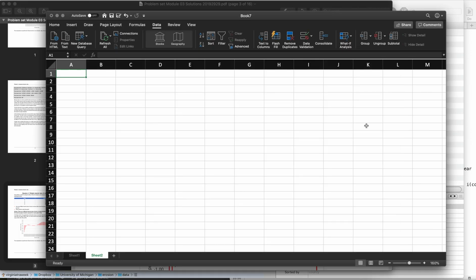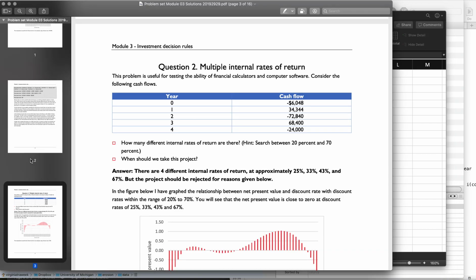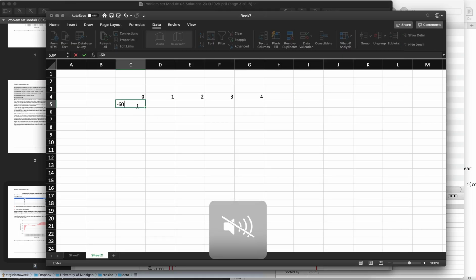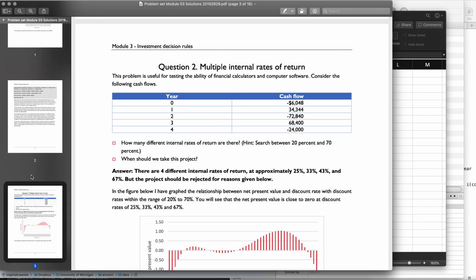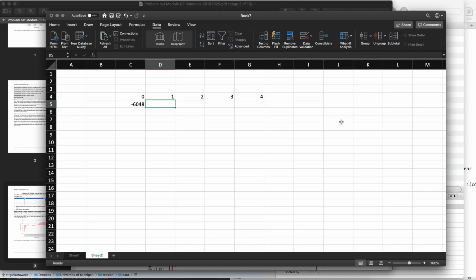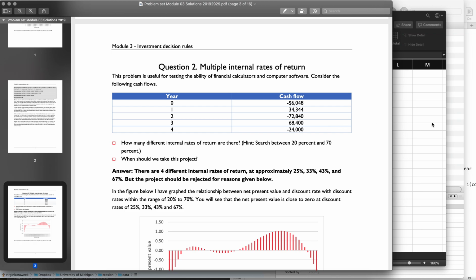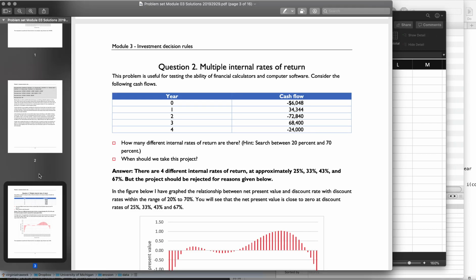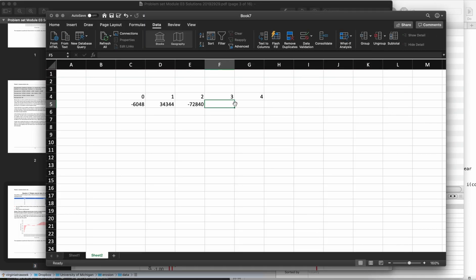Okay, so let's just do our timeline. 0, 1, 2, 3, 4, negative 60, 48. $34, $344, negative $72, $840, $68, $400, negative $24,000.